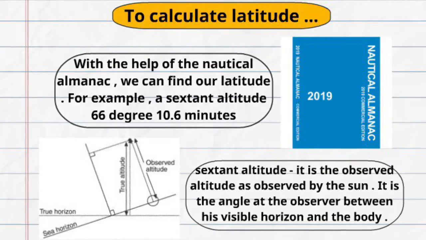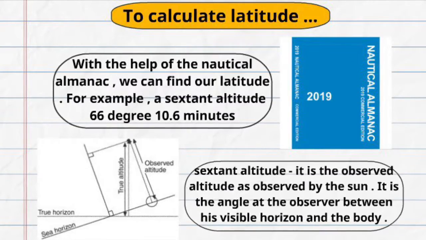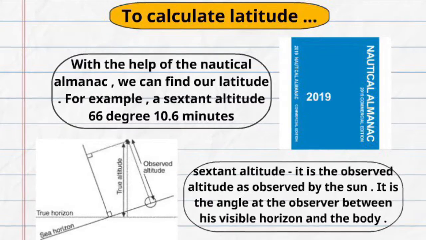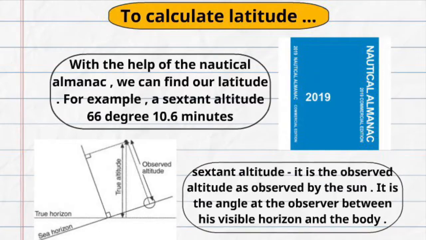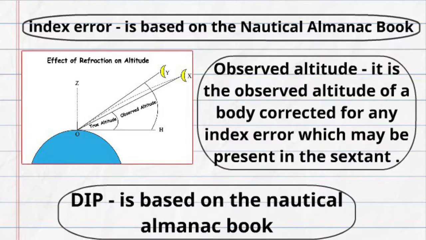Moving on to the observed altitude, it is the observed altitude of a body corrected for any index error which may be present in the sextant. As for the dip, it is given by the Nautical Almanac book as well.